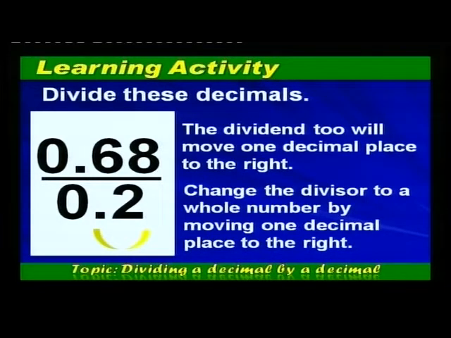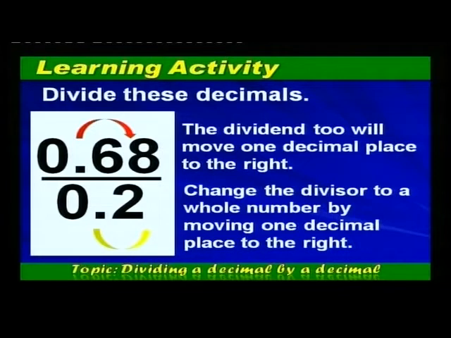When you move one decimal place to the right in the divisor, the dividend too will move one decimal place to the right. So what you do in the divisor, you must also do in the dividend. Can you see? So we have 0.68 moved to the right one decimal place, similar to the divisor.